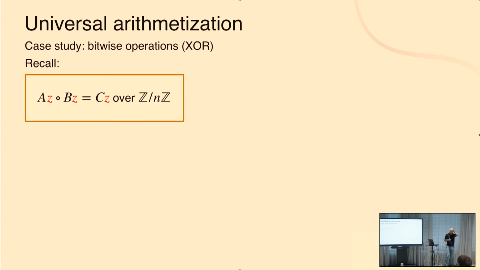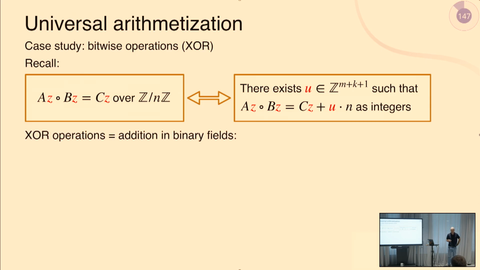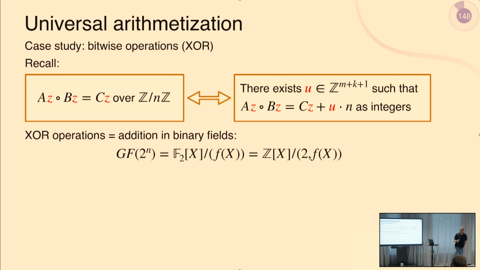Remember the first step, we transform this R1CS modulo n into this kind of looking R1CS constraint over the integers. And now remember that bitwise operations is basically addition on binary fields. You can represent exclusive OR as addition in binary fields.